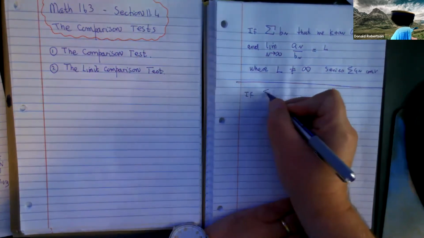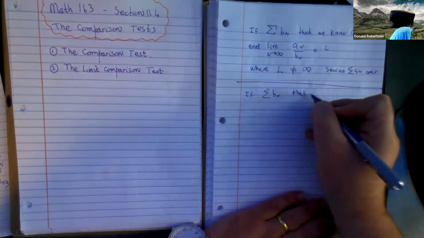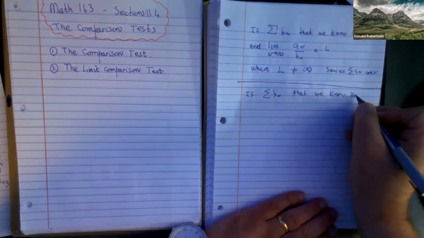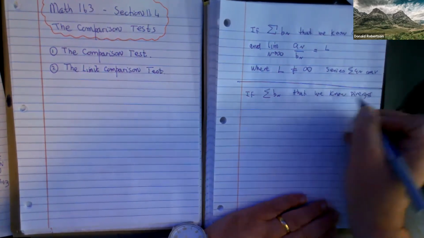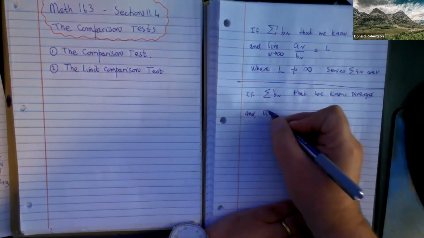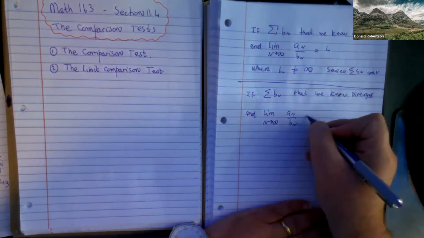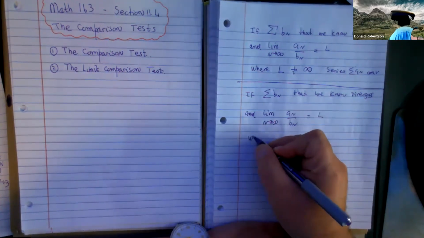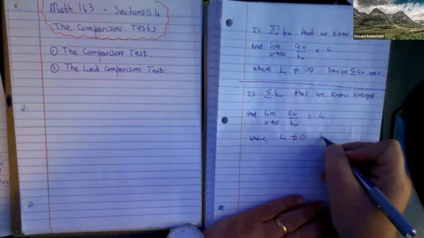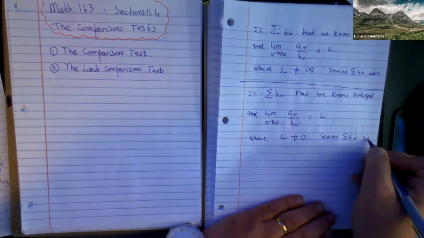Now, if this series that we know diverges, and the limit as n tends to infinity of An over Bn equals L, where L is not 0, then the original series diverges.